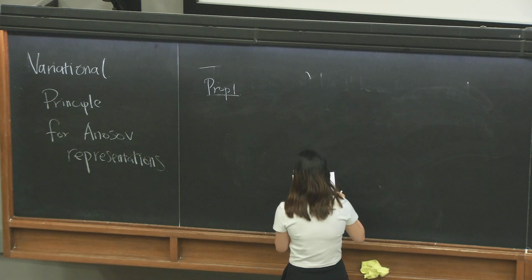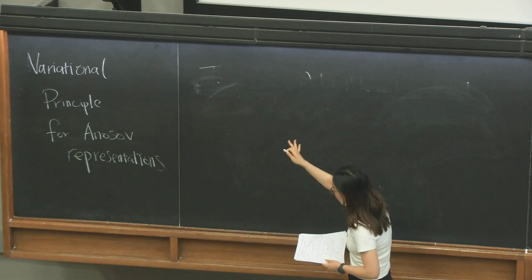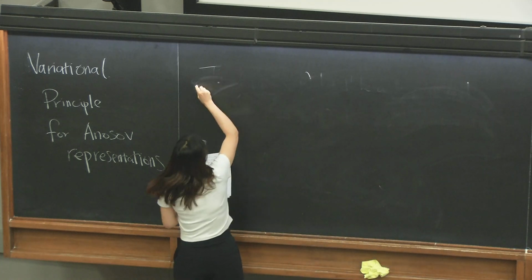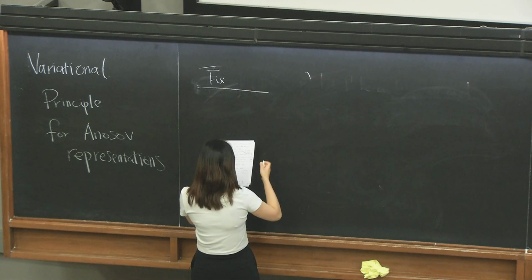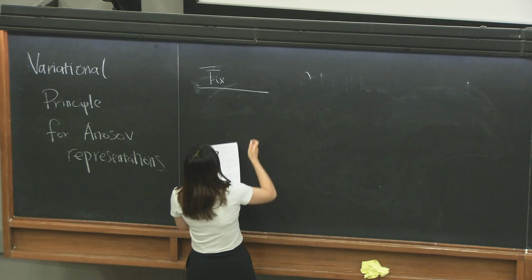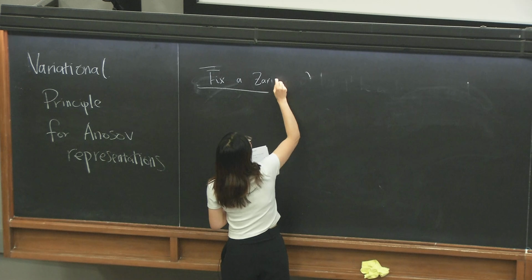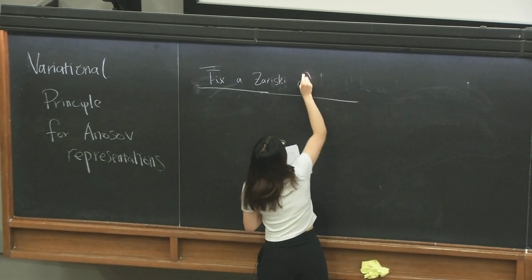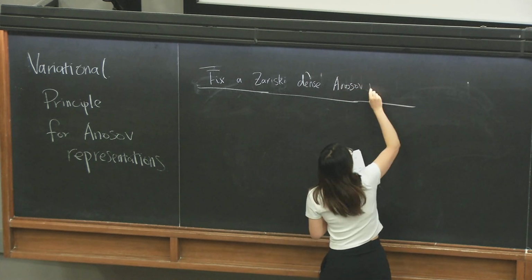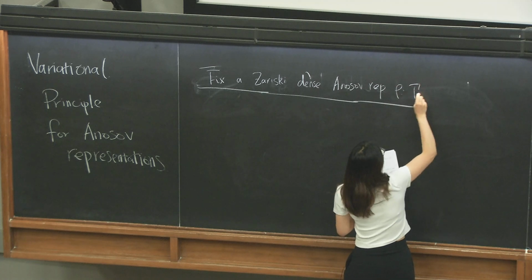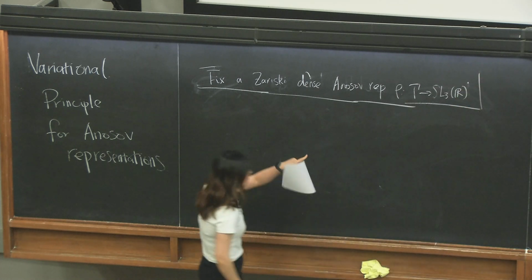Before I state the result, for the rest of the lecture I would like to fix an Anosov representation, Zariski dense, say rho from gamma to SL3R.